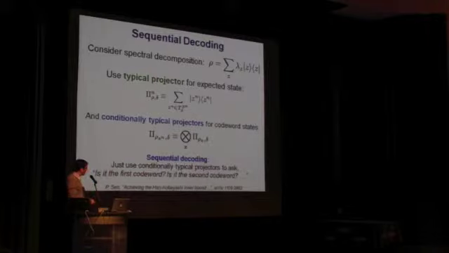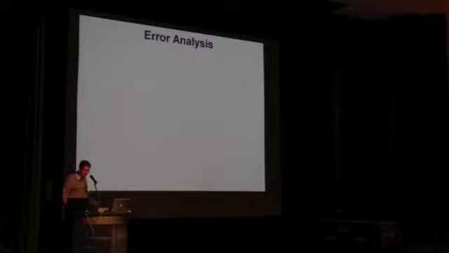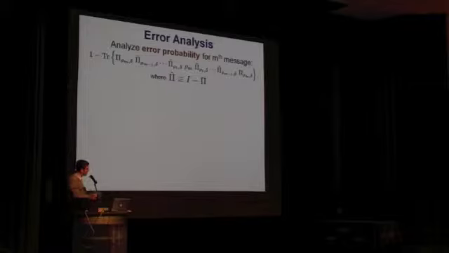But the sequential decoding idea is just to use these conditionally typical projectors to ask sequentially, in analogy with the classical idea, is it the first code word, is it the second code word, etc., until you get a hit from the measurement. Okay? So the error analysis, the way it proceeds, is if the mth code word is transmitted, that's this rho m state here, you're asking, is it the first code word, is it the second code word?